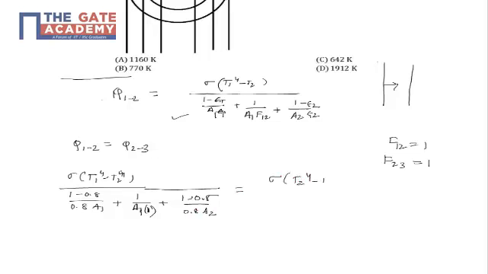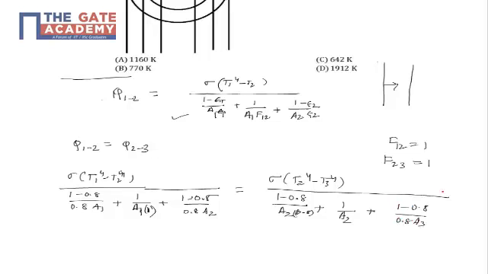Between 2 and 3, in a similar way, we write sigma (T2 power 4 minus T3 power 4) by (1 minus 0.8) by 0.8 A2, plus 1 by A2 F23, with F23 equal to 1, plus (1 minus 0.8) by 0.8 A3. So now we have everything placed.